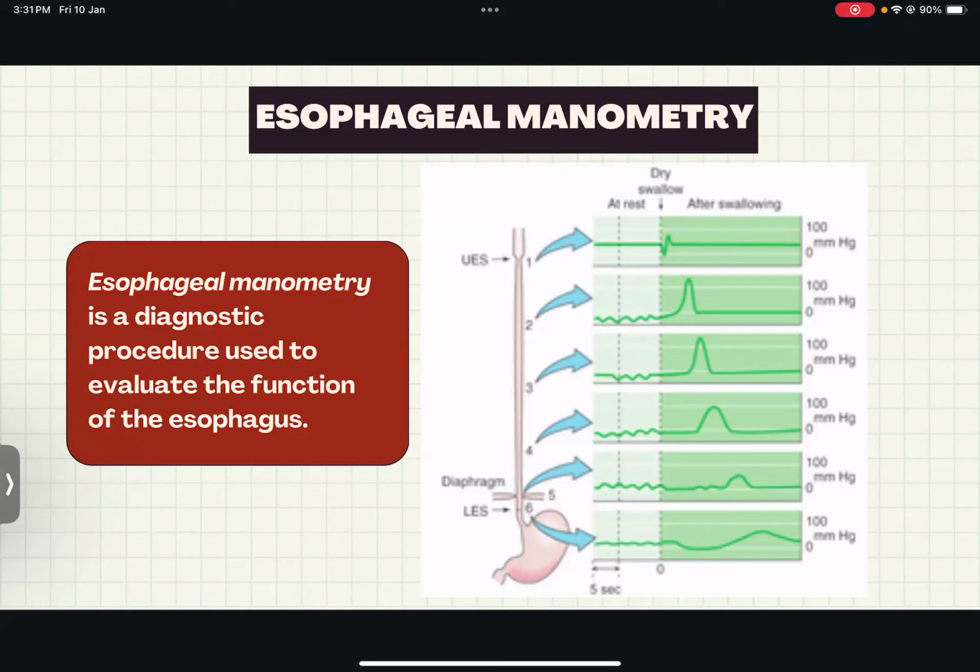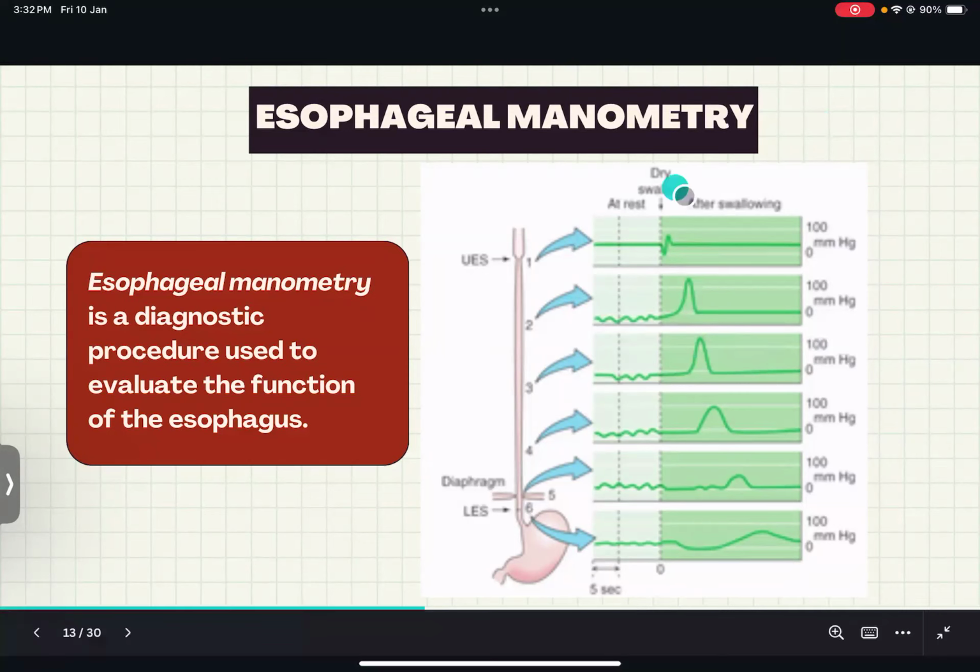The reason they insert it from the nasal cavity, not the oral cavity, is that while it's inserted, they would ask the patient to swallow or drink something so that they can assess how well the esophagus is functioning, or if anything abnormal is happening.